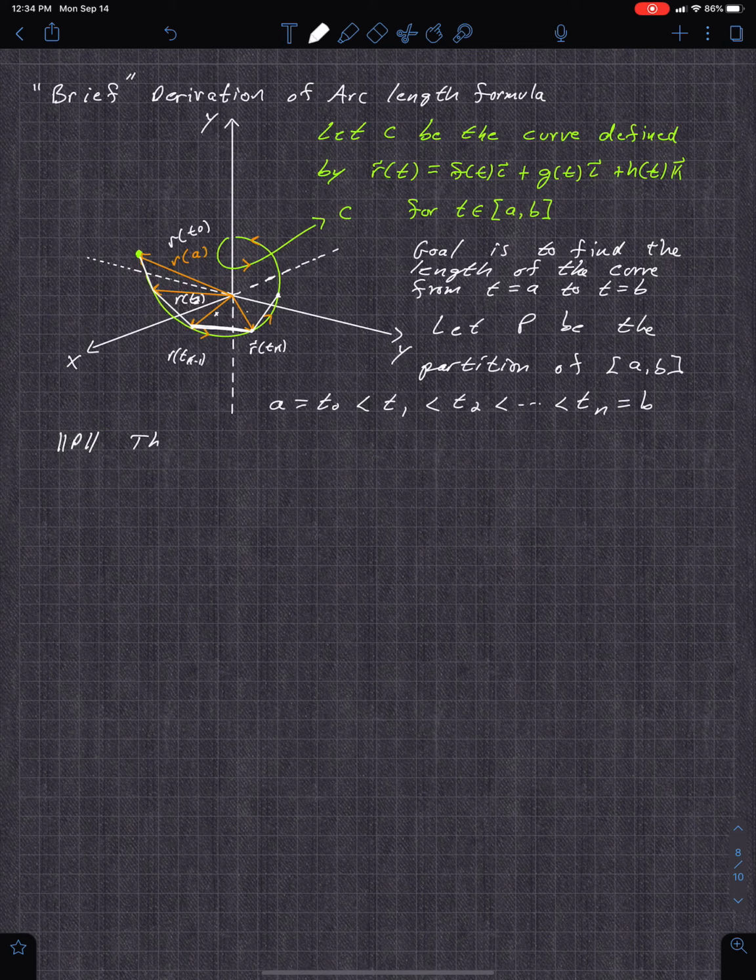So that is the norm of P is the length of the largest subinterval.